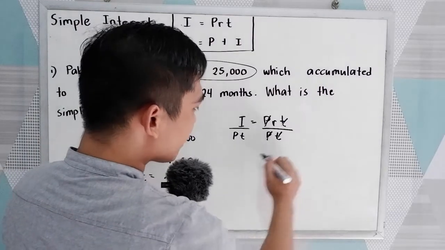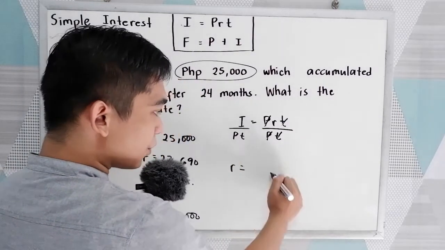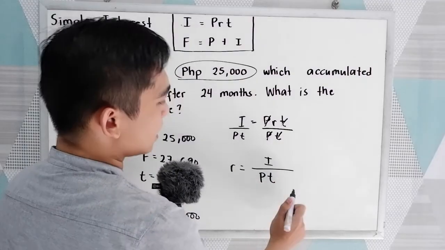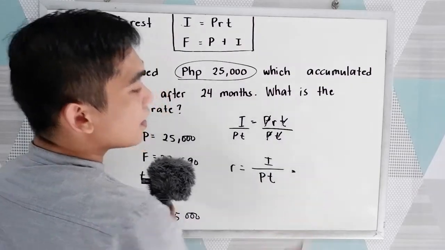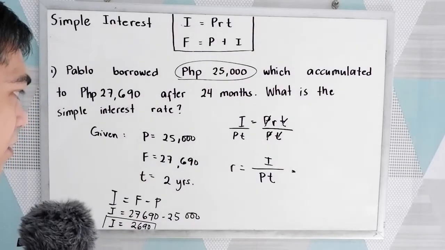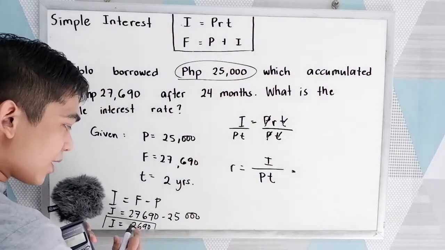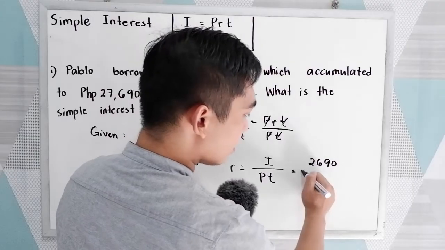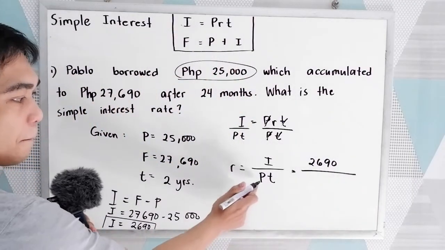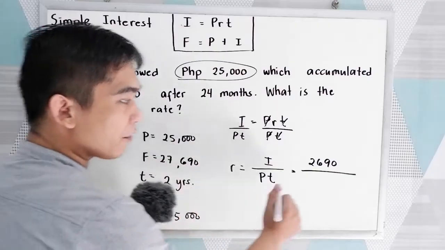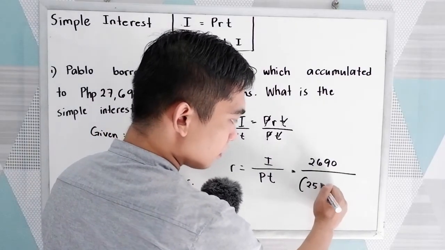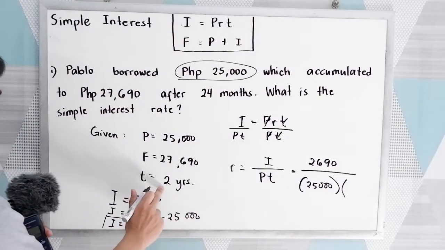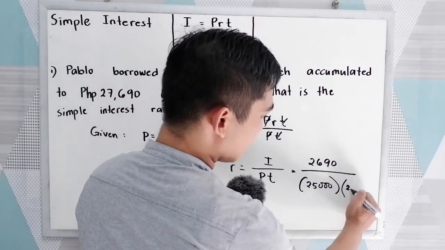Therefore, our R is equal to interest all over PT. Now, we are ready to substitute. Interest is 2,690 over P is 25,000 times our T or time is 2 years, or simply 2.